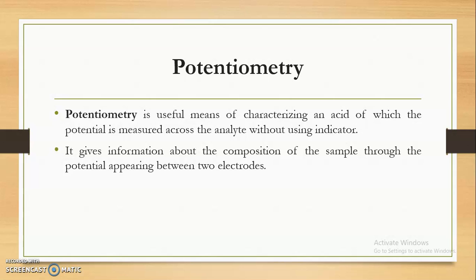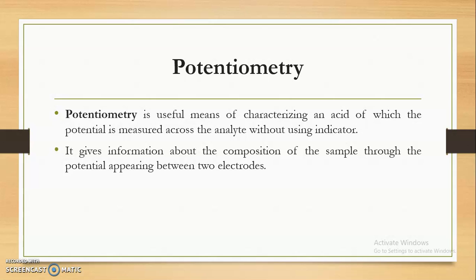Potentiometry is a useful means of characterizing an acid, in which the potential is measured across the analyte without using an indicator. We know that in volumetric analysis we use an indicator to indicate the completion of the reaction. Here, there is no need to use such indicators.